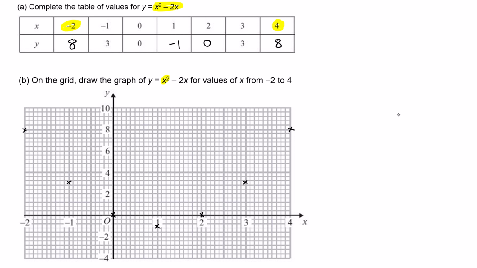But if it didn't, you need to make sure that there is that dip. So a smooth curve, and there we are.